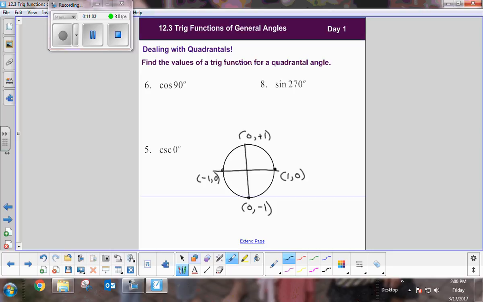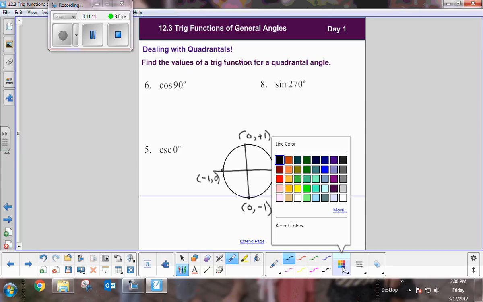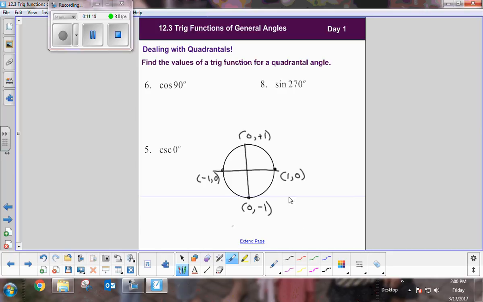If I want the cosine of 90, I'm going to take a light color pen here for a second. I'm going to start at 0 degrees, and I'm going to go up to 90 degrees. Where am I ending up? On the y-axis here.